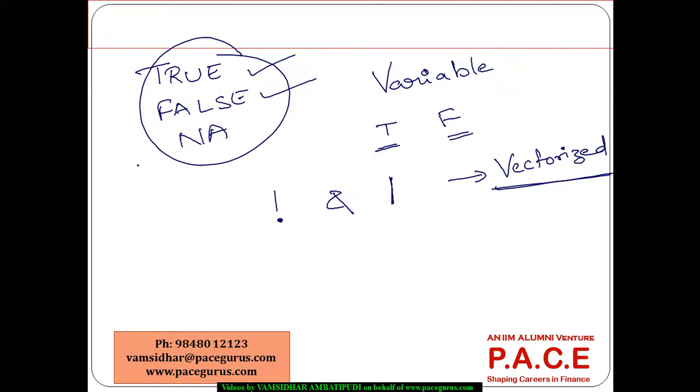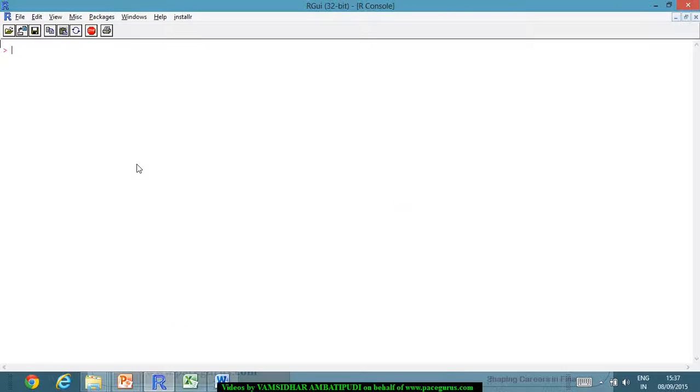So what we'll do is assign some values and try out all these combinations. Let's say I assign the values 1 to 10 to x, and I really want to see whether they are less than or equal to 5, and I want that to be printed as well, so I'll say semicolon x.